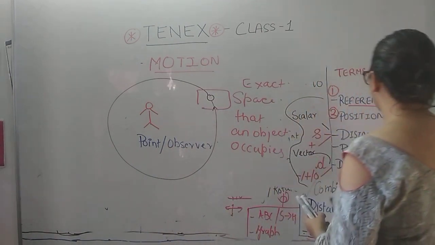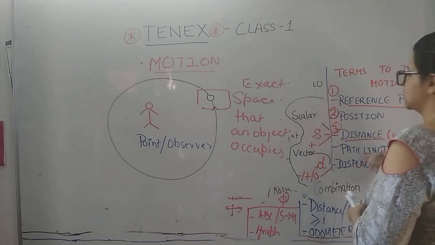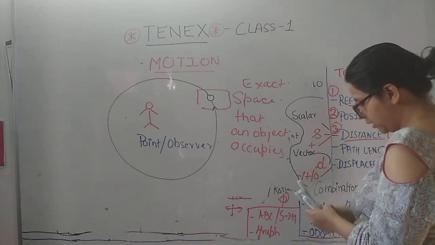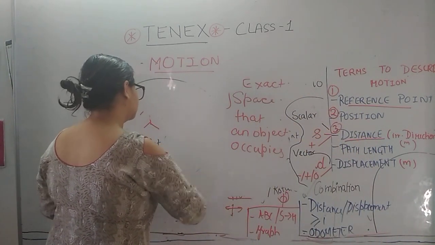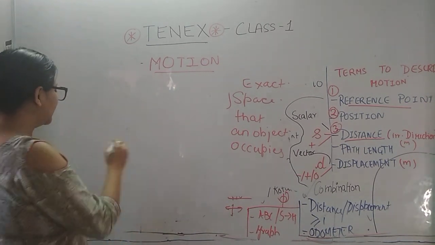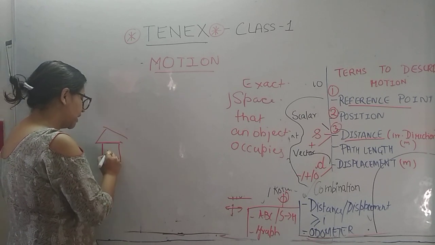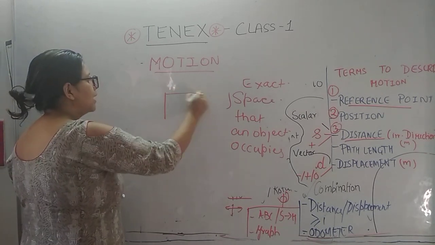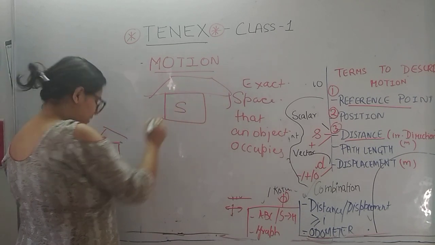Okay, moving forward, the third very important definition is distance. For this I am going to take another very simple example. Let us say that daily I go from my home to my school.